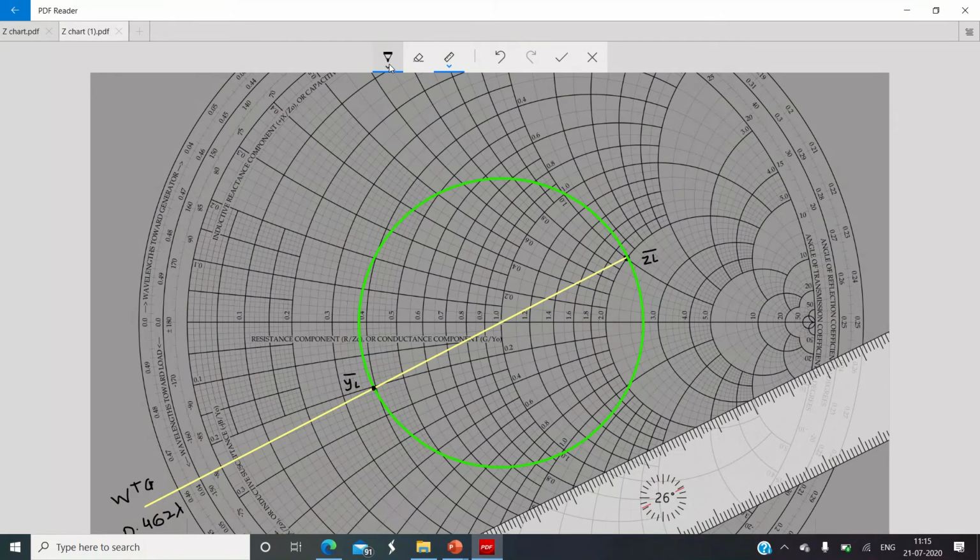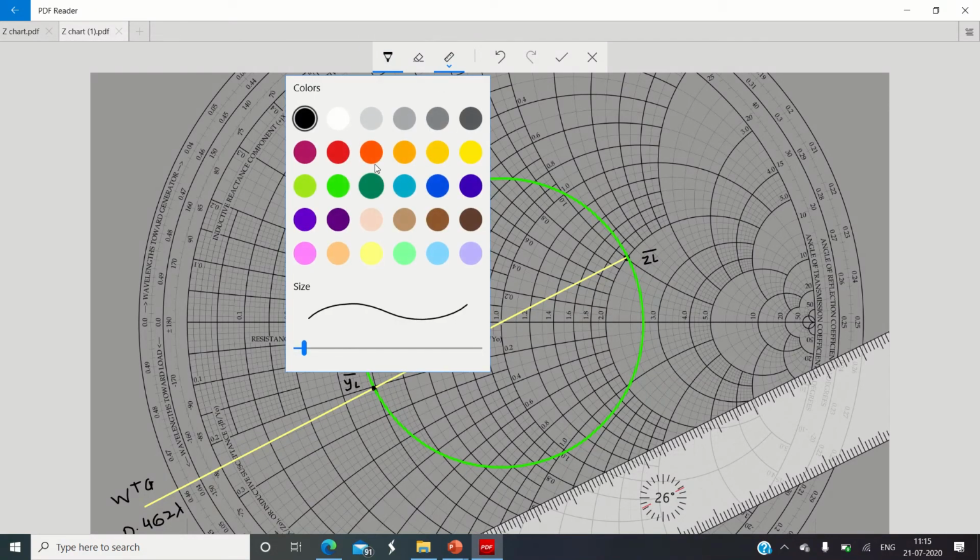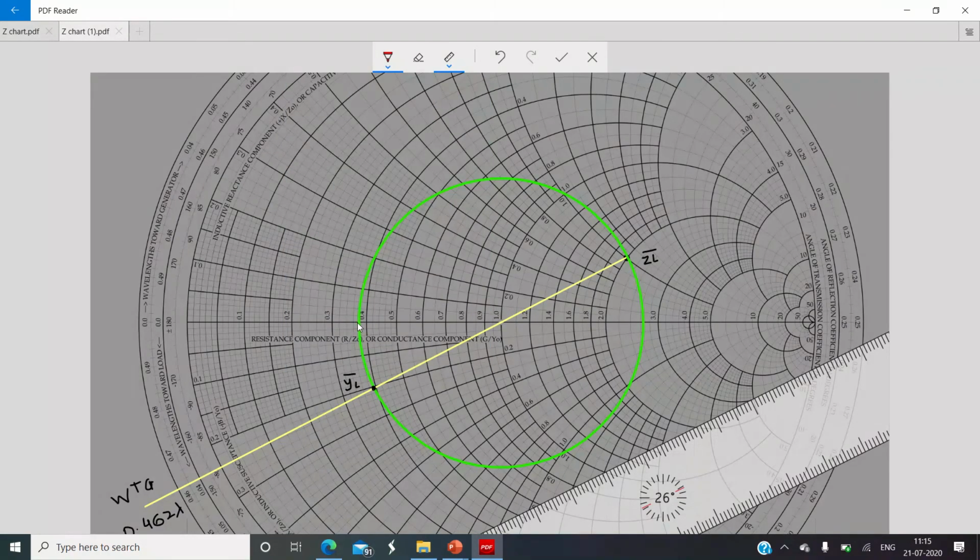So I will denote the trace with some other color. I will go on tracing from YL bar in this way, clockwise. Please remember, always clockwise. See, the arrow direction indicates that I am tracing the VSWR circle from the YL bar point.